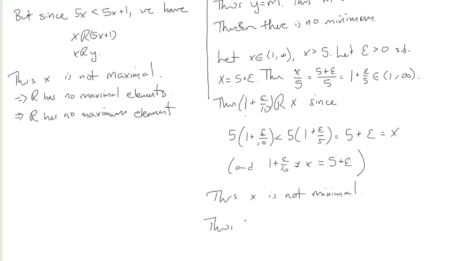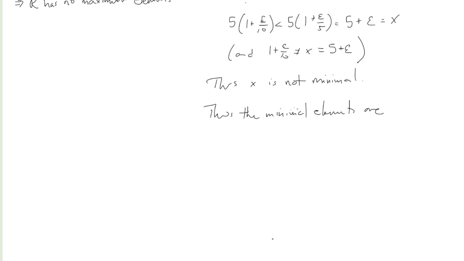Thus, now I can explicitly say what all the minimal elements are. They're the set of x in the interval from 1 to infinity where x is less than or equal to 5.